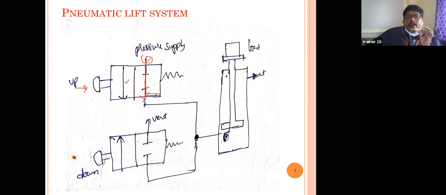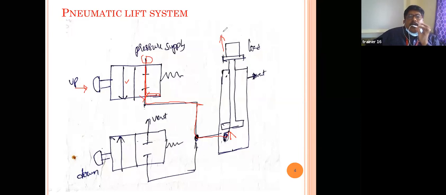This is the indication of the power supply. The supply goes to here, and then it lifts up the piston. That is, it lifts up the load. The direction of movement will be in this direction. Here the supply may be a pneumatic power supply or hydraulic.